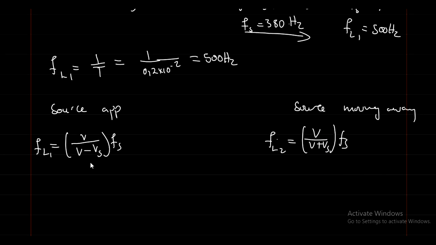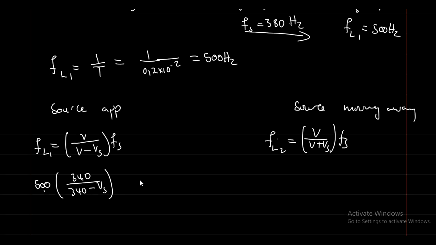Okay, so now we go and substitute whatever data that we have. So FL1 is 500 hertz into 340 over 340 minus Vs, multiplied by Fs.